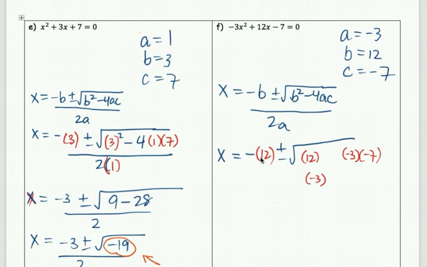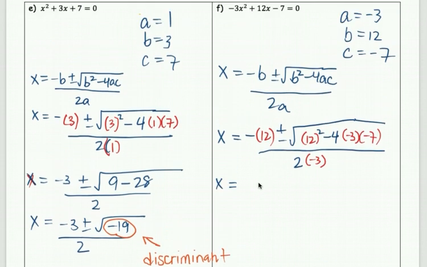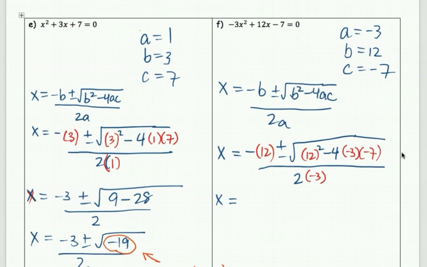So negative b, there it is, plus or minus the square root of b squared, subtract 4ac, all over 2a. Okay, all right, so let's go through. We're just being careful that we have all of the negative signs in the right place here.